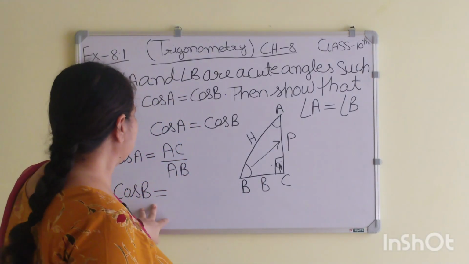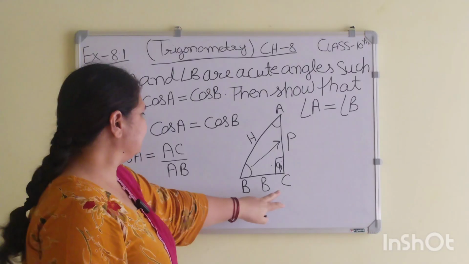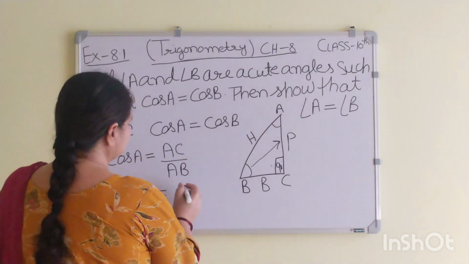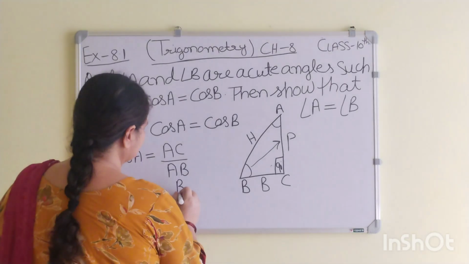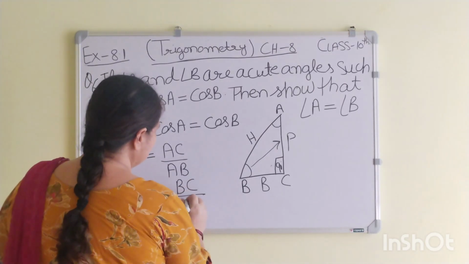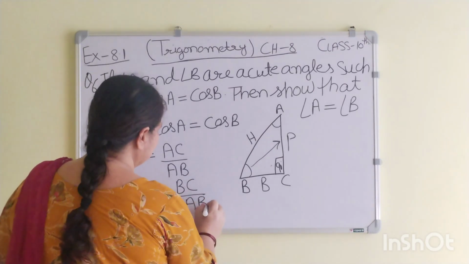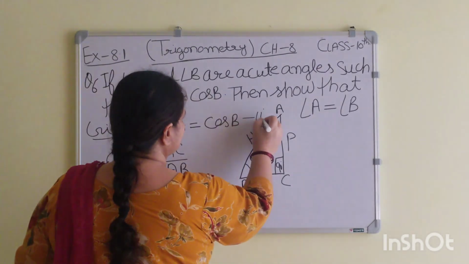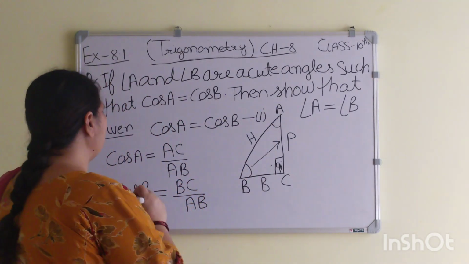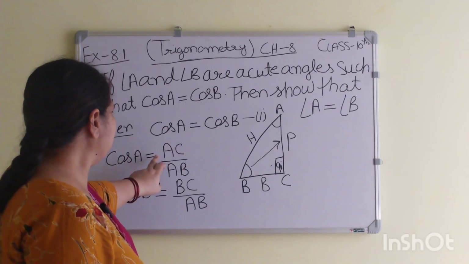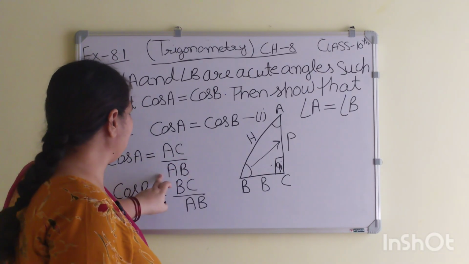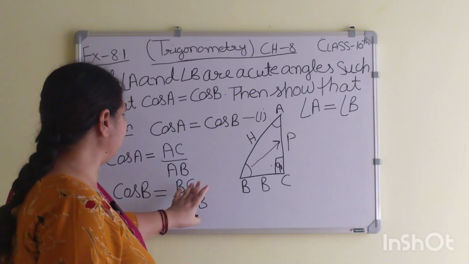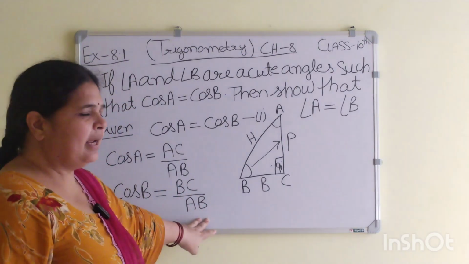So we can write cos B is base BC upon hypotenuse AB. This equation is first. Now cos A is AC upon AB and cos B is equal to BC upon AB.